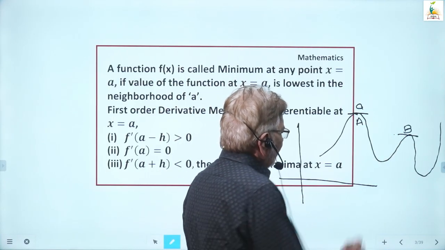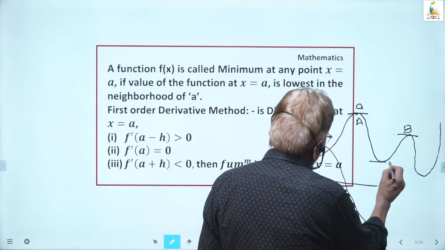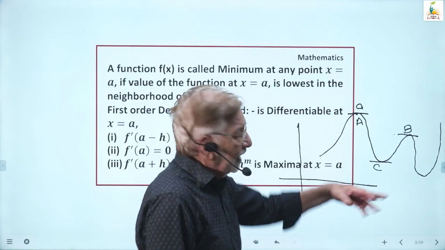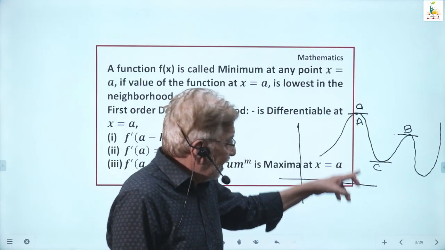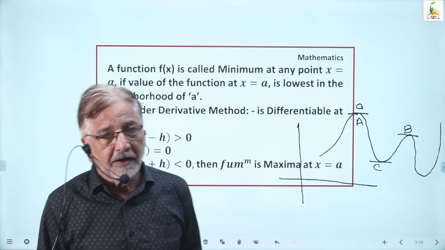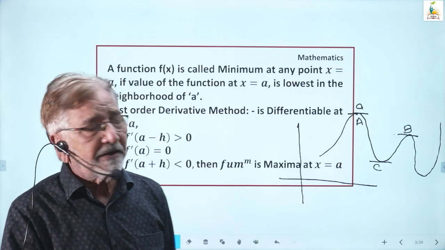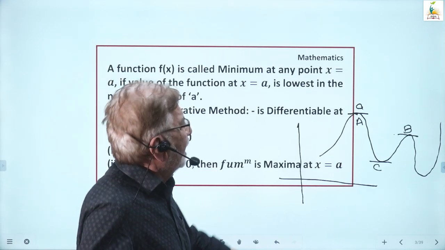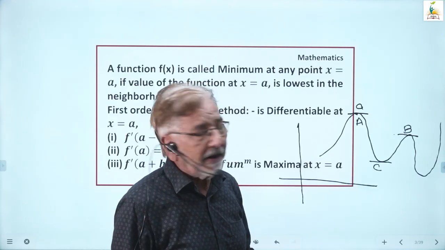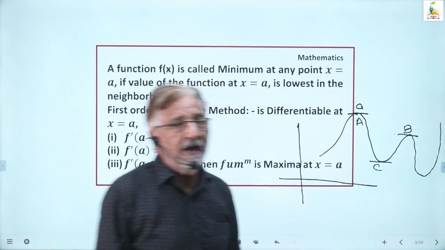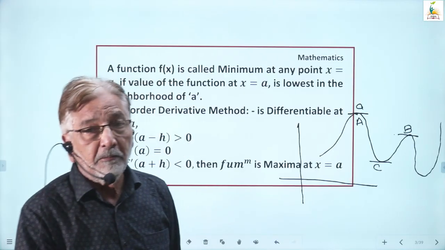Again see, this is point C. Here what we see, the function is first decreasing, at C it is stationary, so the tangent at C shall be parallel to the x-axis, and then the function is increasing, so C is a point of minima.